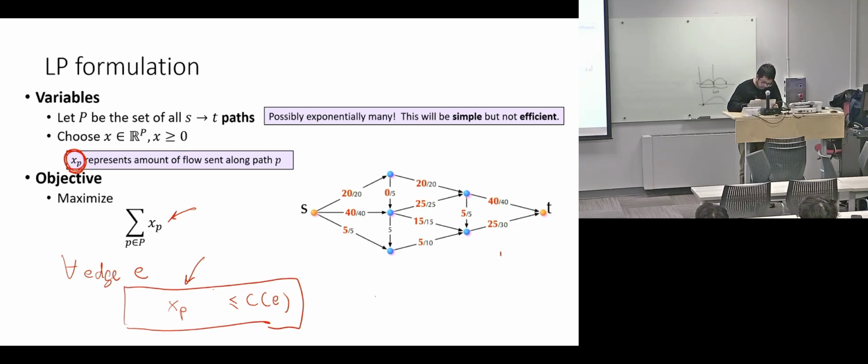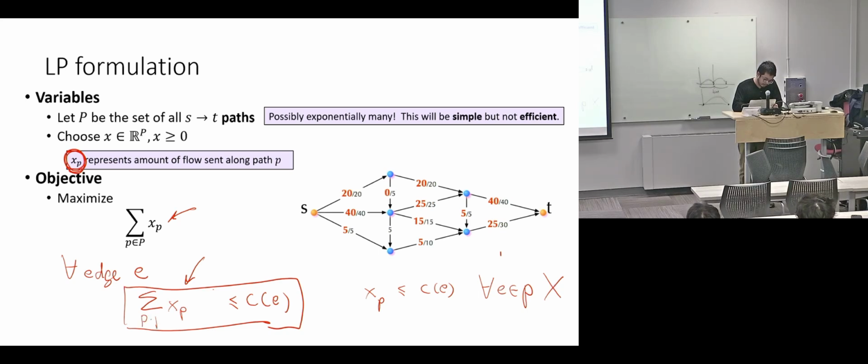Like you mean xp at most this, for all e in p, something like this. Yeah, but there can be multiple paths. So you need this, but it's not enough. So the summation over all xp that go through E needs to be less than or equal to the capacity.